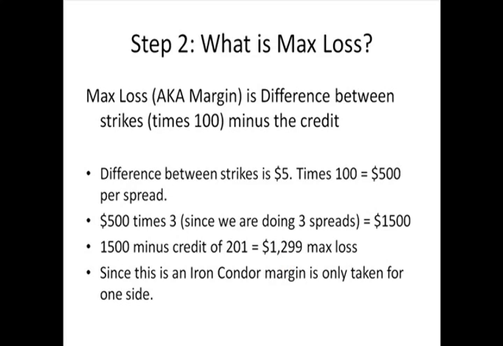Now, since this is an iron condor trade, the margin is only taken on one side, and it's also a balanced trade, meaning that the difference between the strikes is $5 on the calls and the puts. If he had done $5 between the strikes on the calls and $10 between the strikes on the puts, then we would have had to use the $10 number as the difference between the strikes.